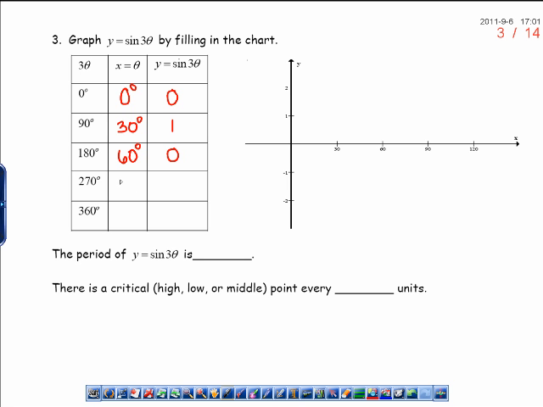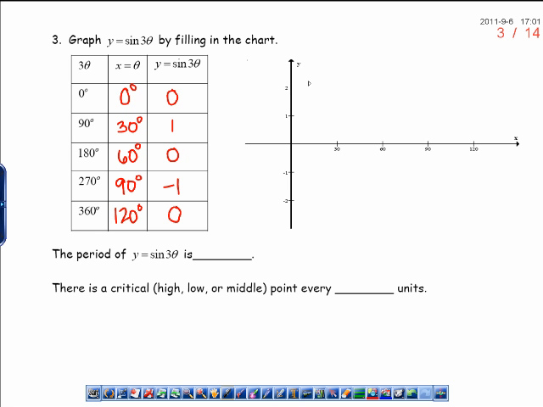So for 270 degrees, x would be 90 degrees, and sine of 270 is negative 1. 360 divided by 3 is 120 degrees, and sine of 360 degrees would be back at 0. So from 0 degrees to 360 degrees, the pattern is repeating, but the x starts repeating at 120 degrees.